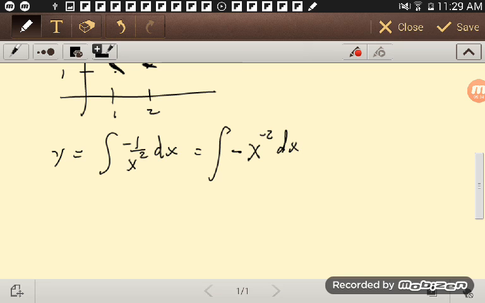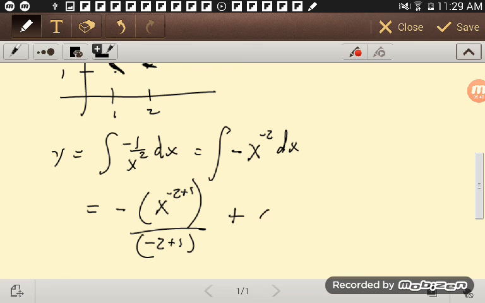Now, power rule, right? I have a negative, and I have x to the negative 2 plus 1, and negative 2 plus 1 here, plus an arbitrary constant.